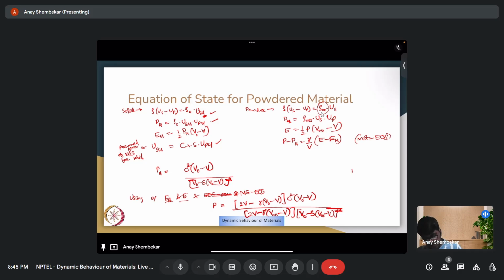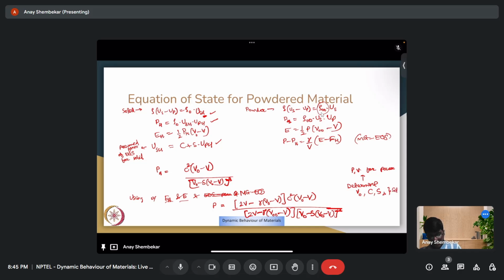So the P-V for the powder we can determine. The shock state of the powder, P and V, we can determine by using V naught. We know V naught for the solid. We know C and S for the solid.